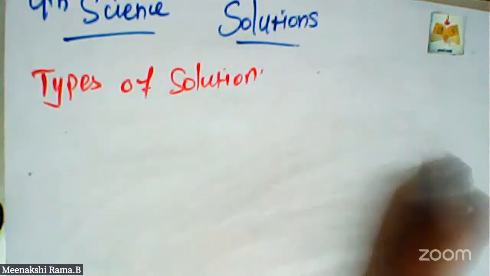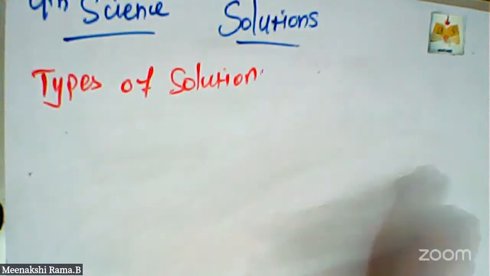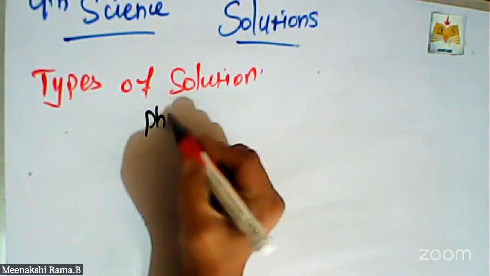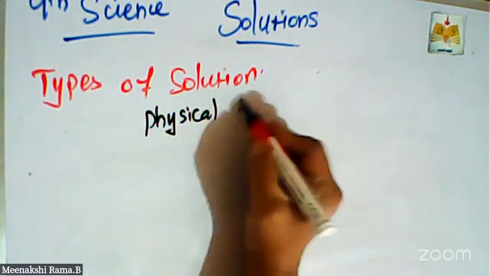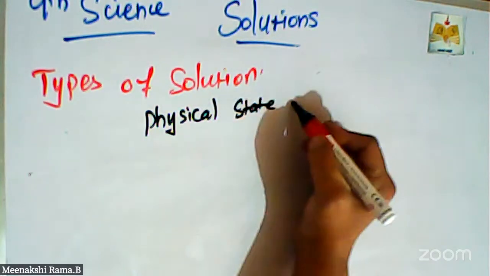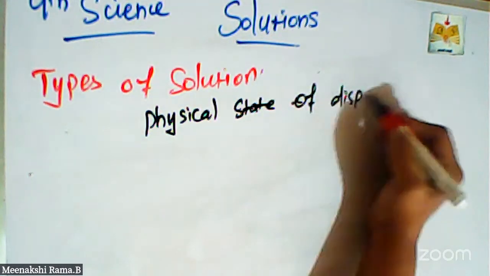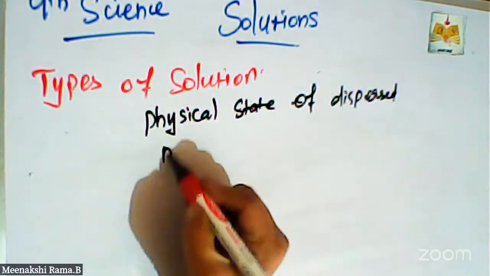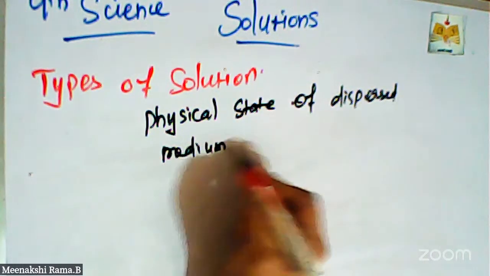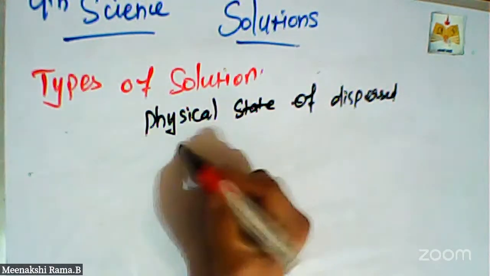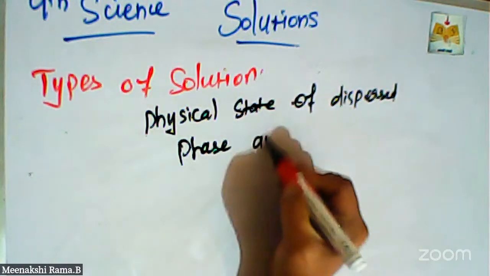What are they? Now I'm going to explain the 8 categories of colloidal solution. First one is, what is the category? Based on the physical state of the dispersed phase and dispersion medium.